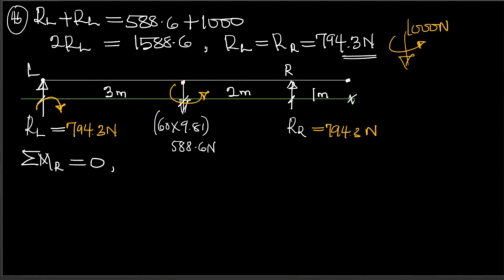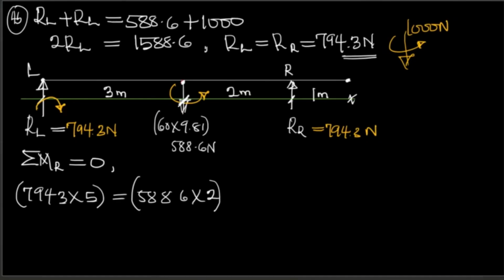So the clockwise moment, 794.3 multiplied by the distance between the two supports, which is 5, equals 588.6 multiplied by the distance between the load at the center and the support on the right hand side, which is 2, plus 1000 multiplied by x, which is 1000x. Can someone give me the value of x, which is the position?